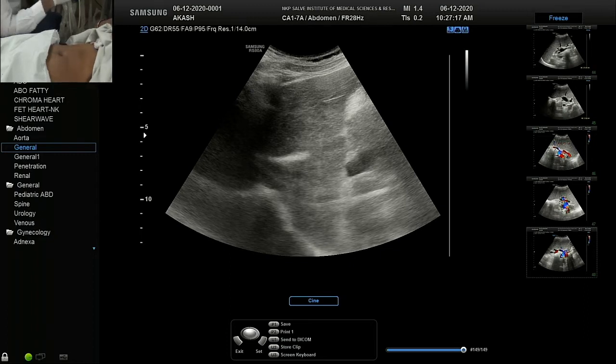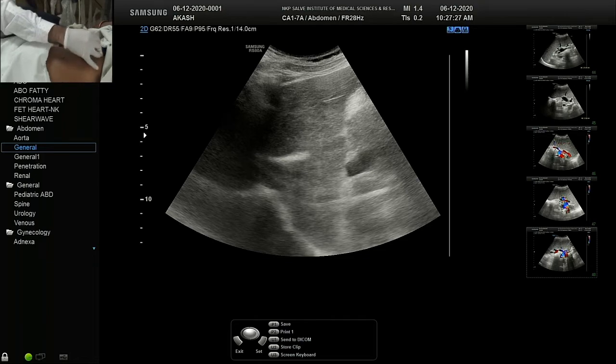Okay. There is a question about recanalization of paraumbilical vein seen with the linear probe. You don't need really a linear probe to see it, but we'll just see it here.